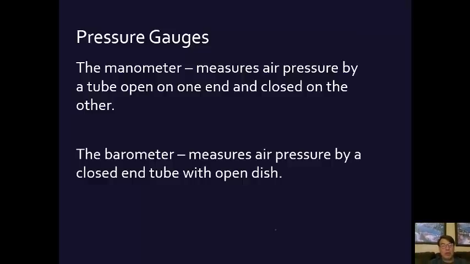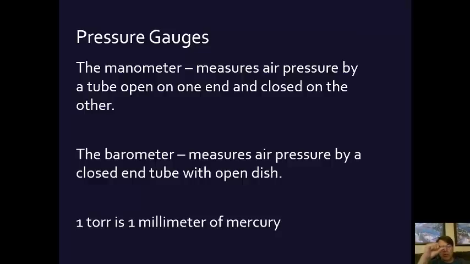And so a torr, named after a scientist named Torricelli, one torr is 1 millimeter of mercury based upon pressure.